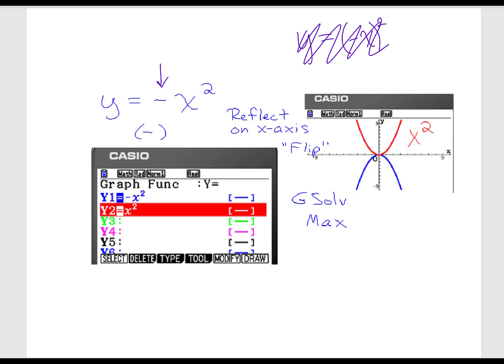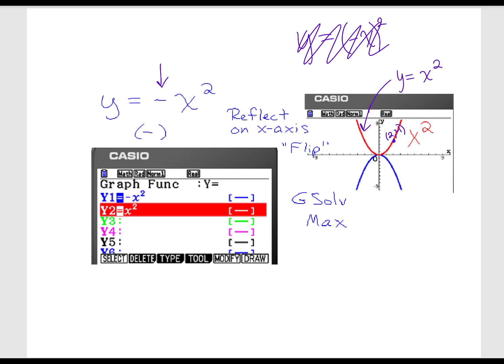And think about that, all of my y's that were +1, +2, +3, +4, now they're going to be -1, -2, -3. So let me just choose a random point, this point right here would be (2, 4), right? If x was 2, so this function right here is y equals x squared.